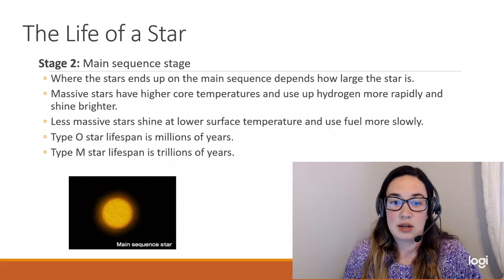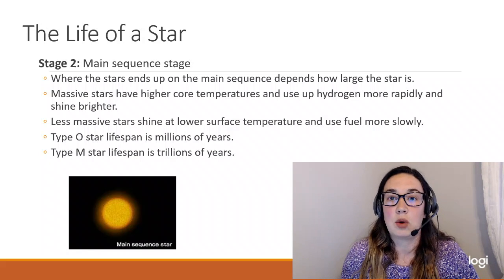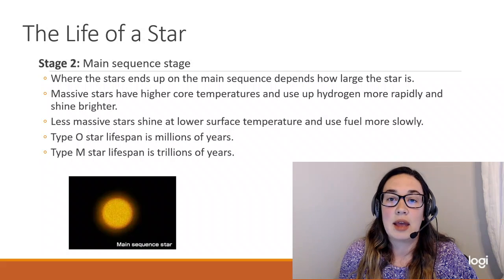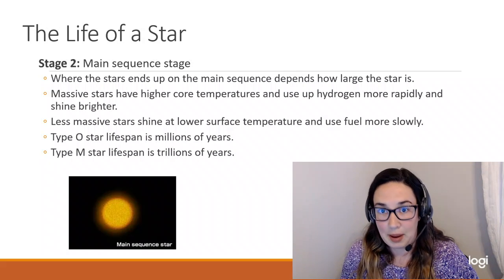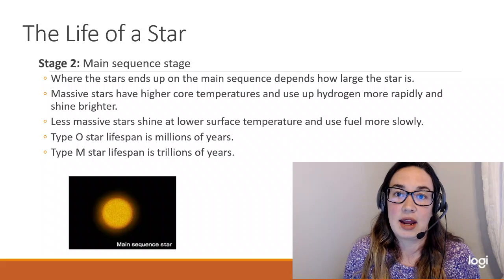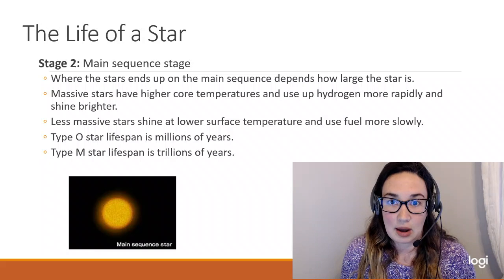In our main sequence stage, this is basically where the star is going to end up on that main sequence band, and that depends on the mass. Remember, the mass determines where it falls on that HR diagram, or depending on how large the star is.